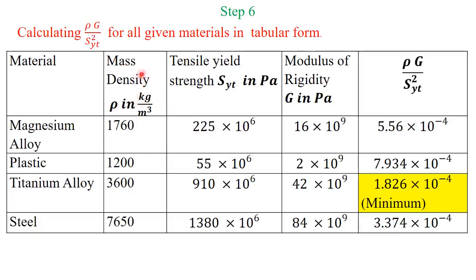So we'll take the help of the table again. The table gave rho in kg per meter cube. SYT in the original table was given in MPa, so this is to be converted into Newton per meter square or Pascal.